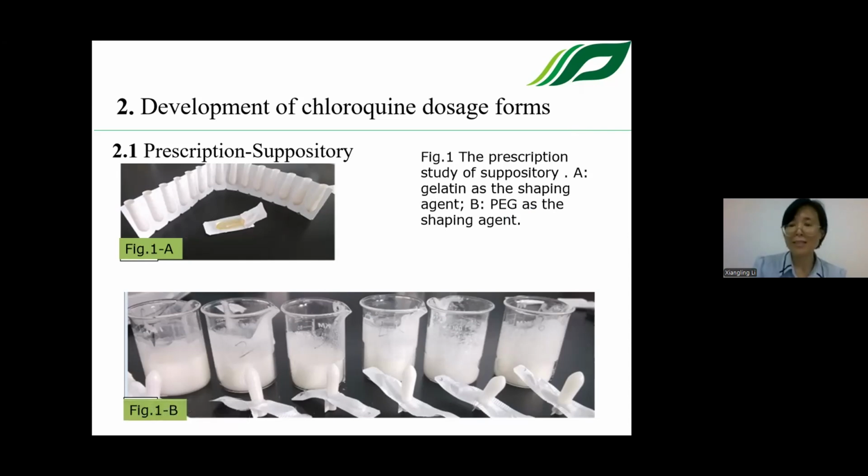But the problem we faced is that the PEG suppository melts easily when the temperature is higher than 30 degrees, especially in the summer, so it is difficult for us to keep it.